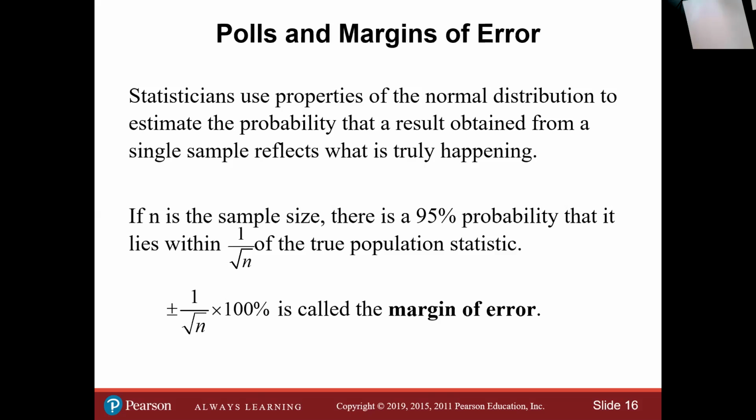Well, that survey could give you some idea of who people are going to vote for, but it's not going to be perfect. It doesn't represent every single person. So what we use is this formula to give a margin of error. So it's 1 over square root of n, where n is the sample size, in this case, the number of people surveyed.